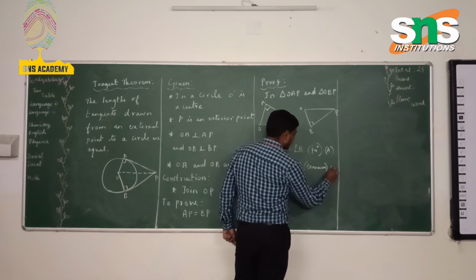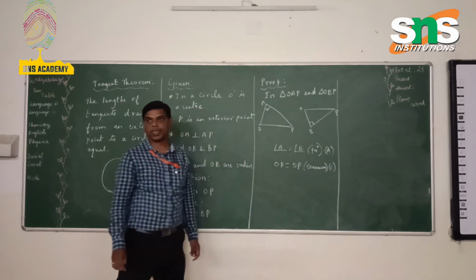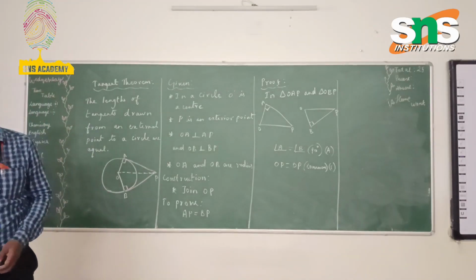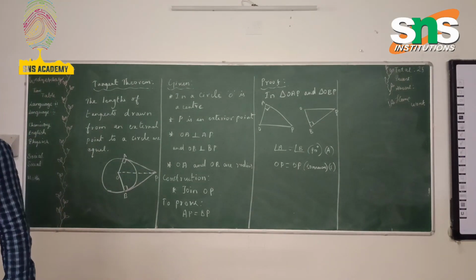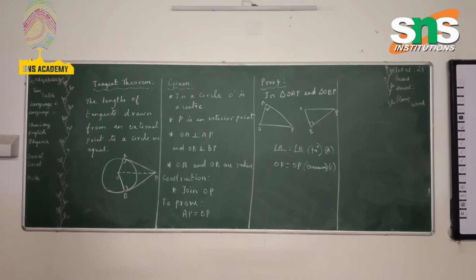So that is a side. What is the next one? Please see the diagram. One thing I told you in the beginning: radii are equal. Very good.